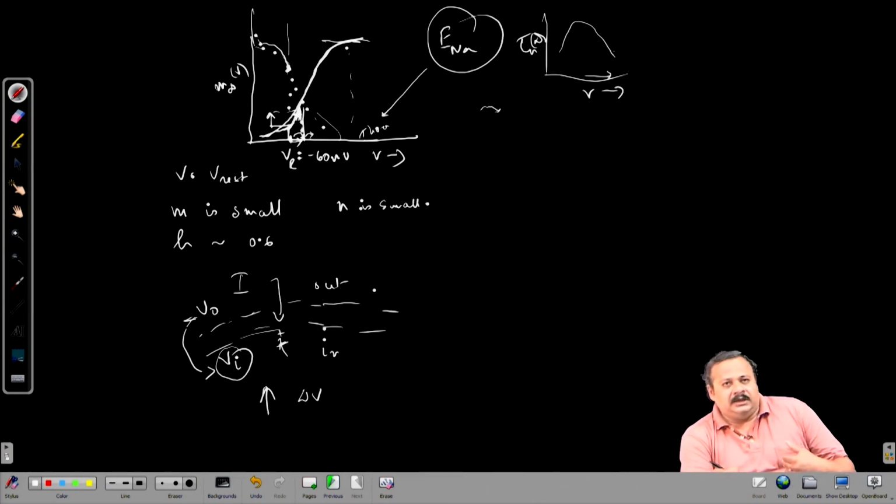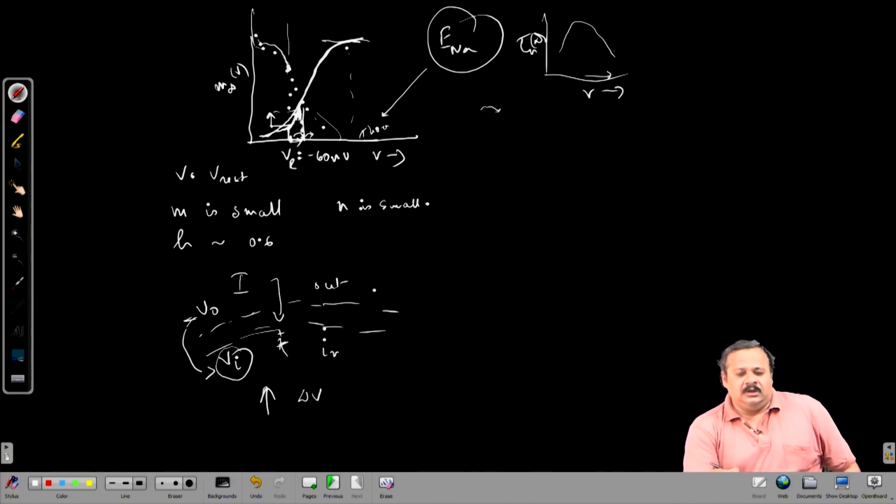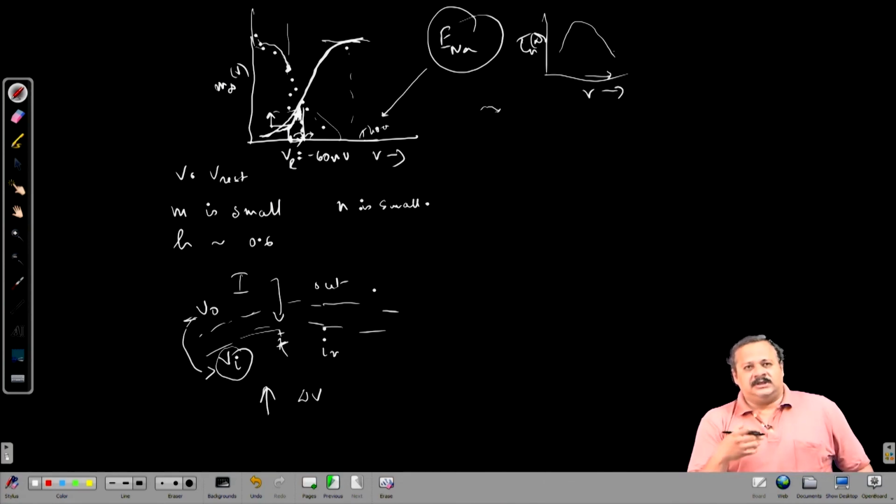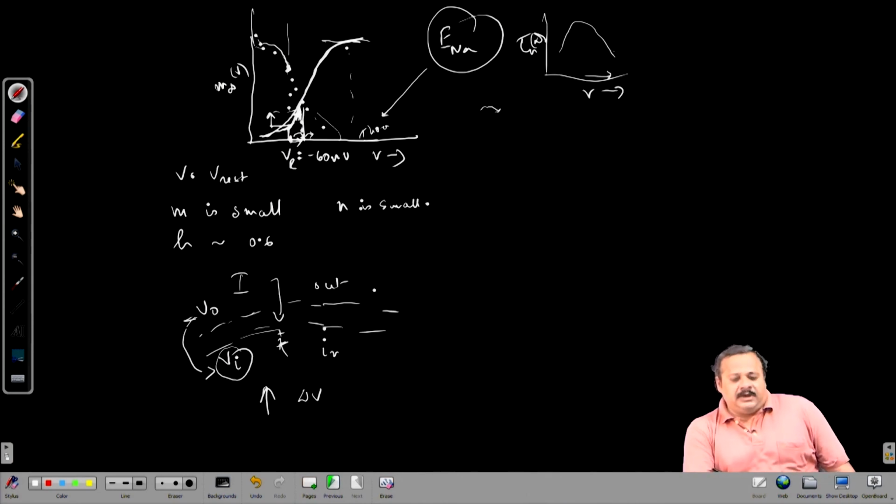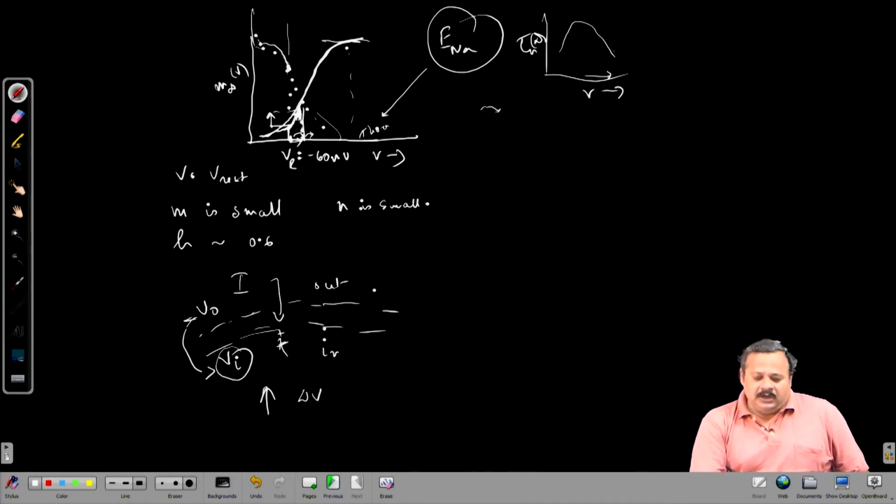So, by the time all the m gates have opened, the potassium channels have all started to open, and so the potassium conductance increases. Potassium channels being open would mean that the potassium ions will flow in such a manner that the membrane potential will be pulled towards EK, that is the reversal potential of potassium, and so it will go towards minus 80 millivolts.